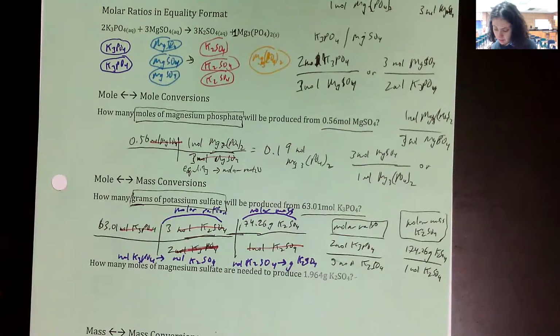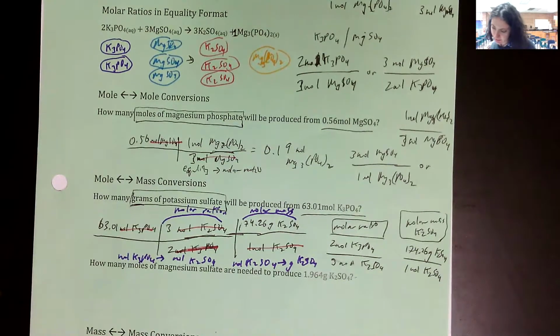63.01 times 3 divided by 2 times 174.26. And that's a very, very, very big number. Let me see if I believe that. Hold on.